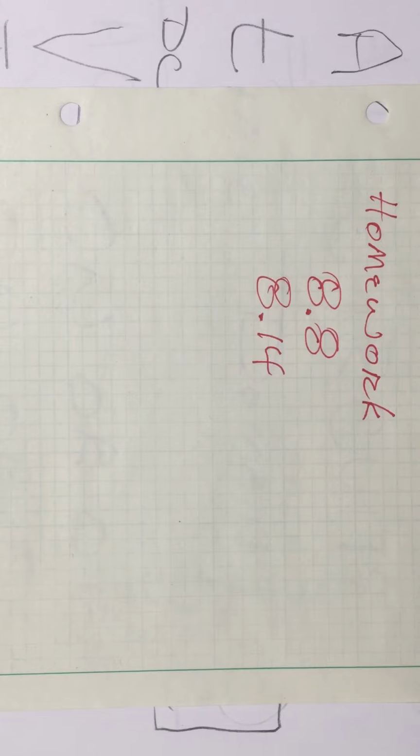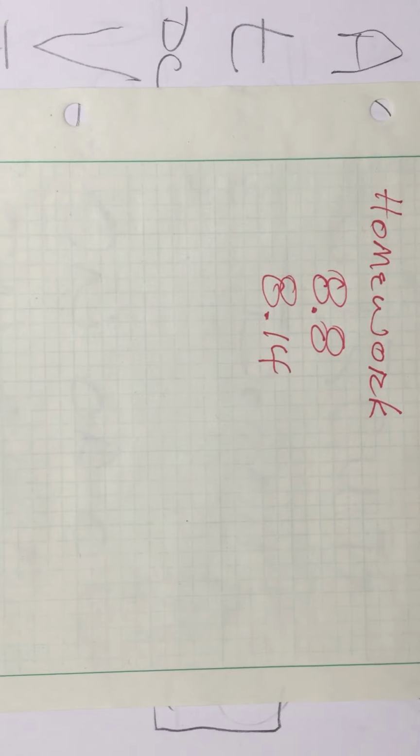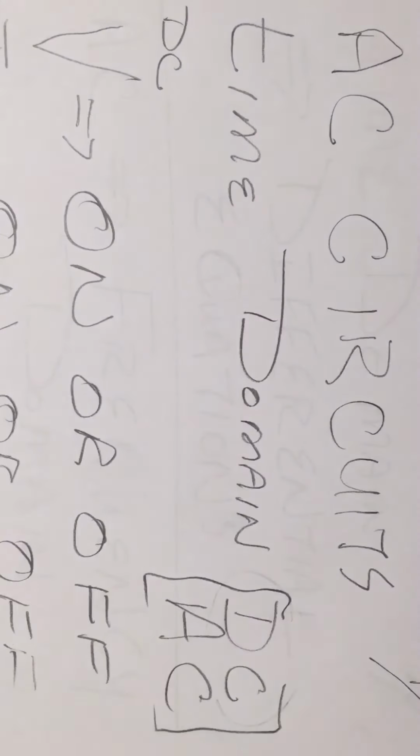Anyway, homework 8.8, 8.14. Please turn it in with the find VO across the 6 ohm resistor on the sample test problem 5. So what we're going to do is cover AC circuits, and this is pretty straightforward stuff.